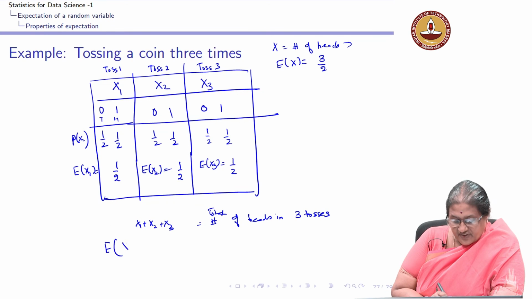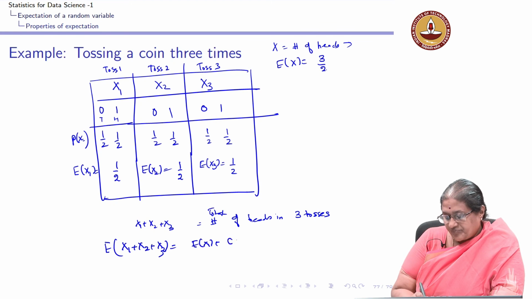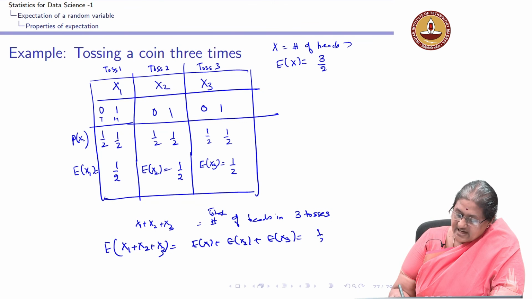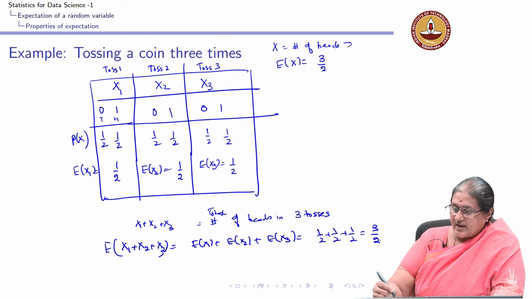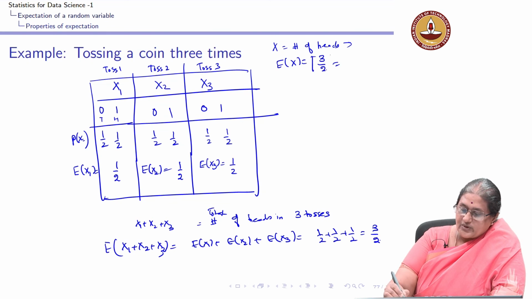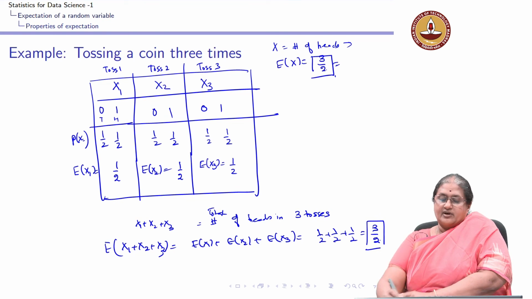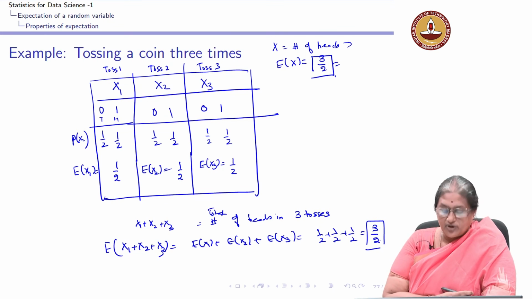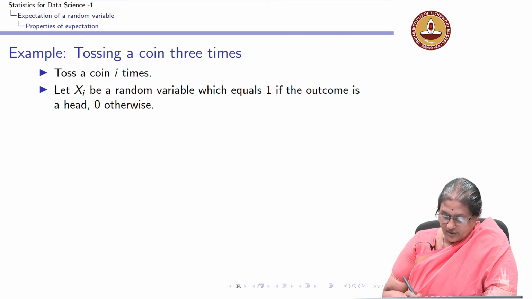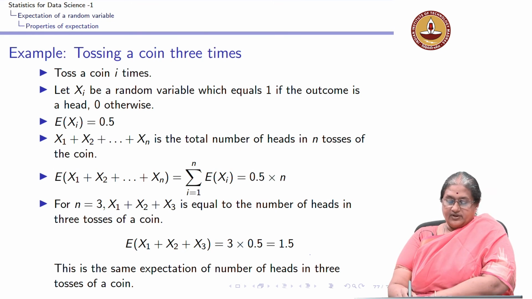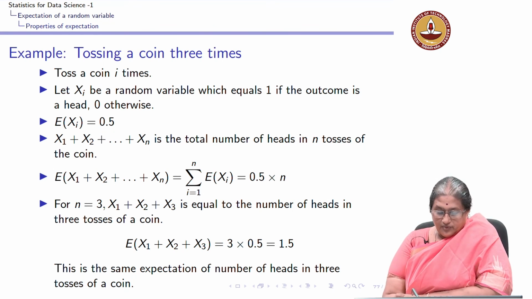I can verify that expectation of x1 plus x2 plus x3 is expectation of x1 plus expectation of x2 plus expectation of x3, which is half plus half plus half, which is 3 by 2, and this matches with what we already obtained for the expectation of the number of heads when you toss a coin thrice, which is 3 by 2.